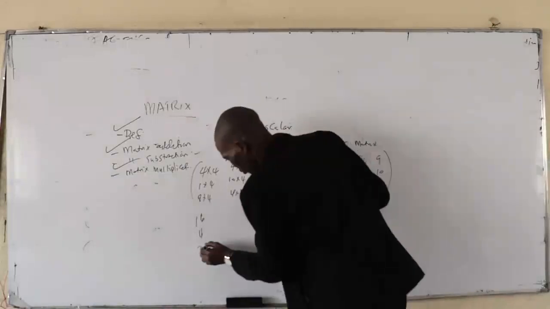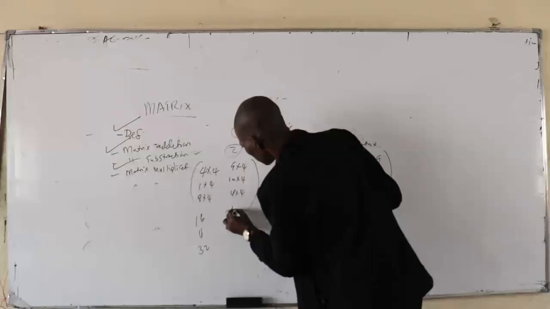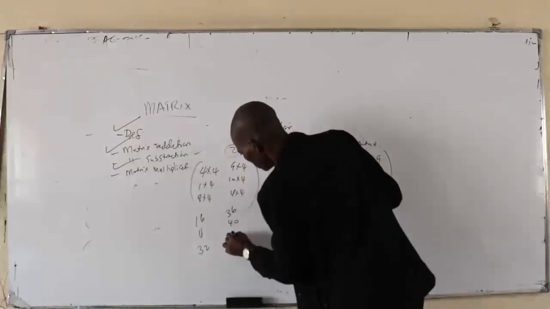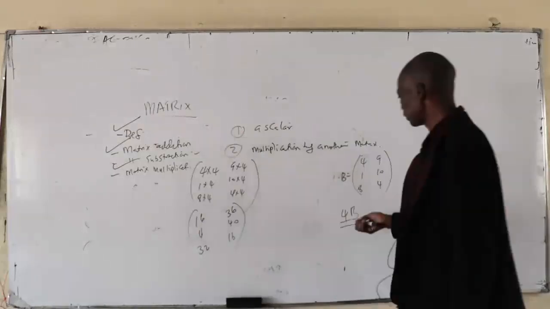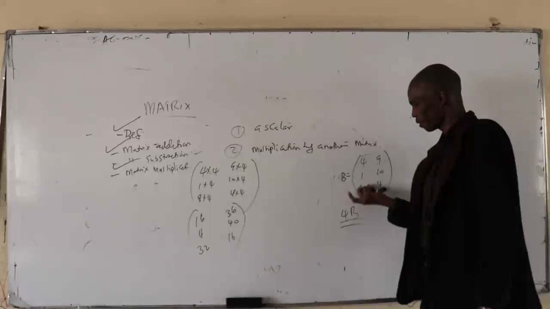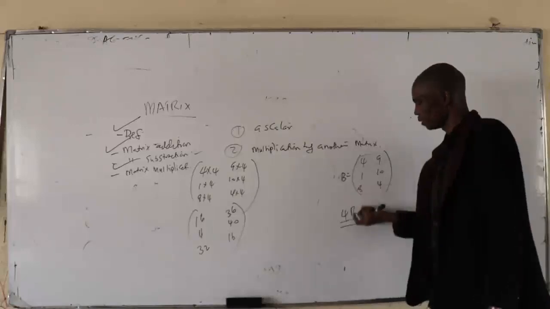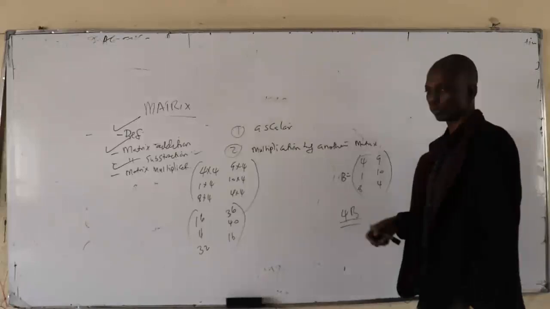This is 36, this is 40, this is 16. So for multiplication by a scalar, you simply multiply that figure by the corresponding elements of that matrix B. So you simply multiply 4 times that. It's called multiplication by a scalar.